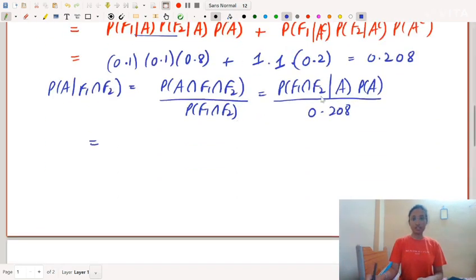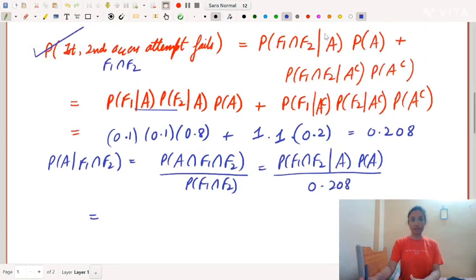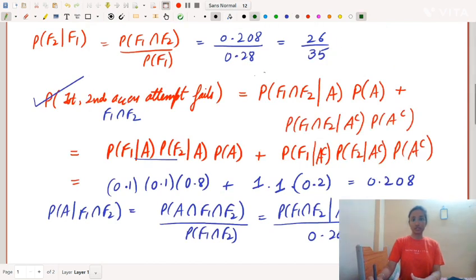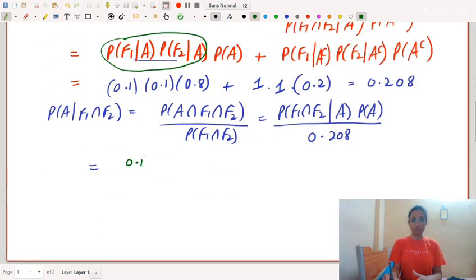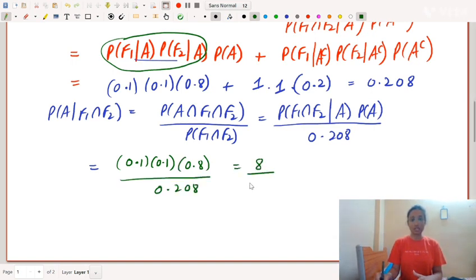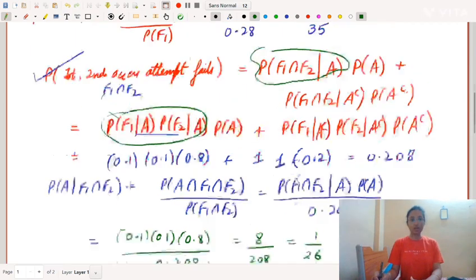Now this one, that the first and second access attempts fail given that the server is working, we have calculated here, which is 0.1 into 0.1 into 0.1. Probability of A is 0.8, and this we know is 0.208, which is 8 by 208, which in turn implies 1 by 26. This is the answer to the fourth part.